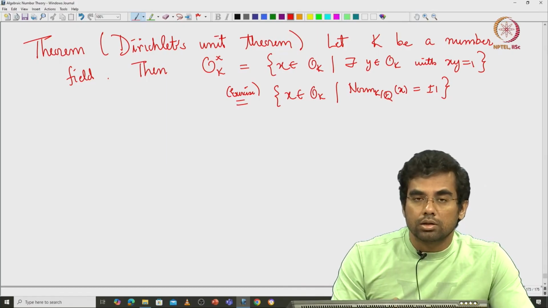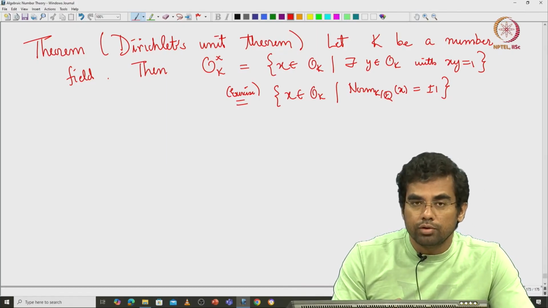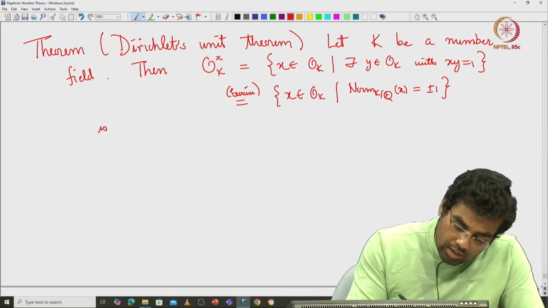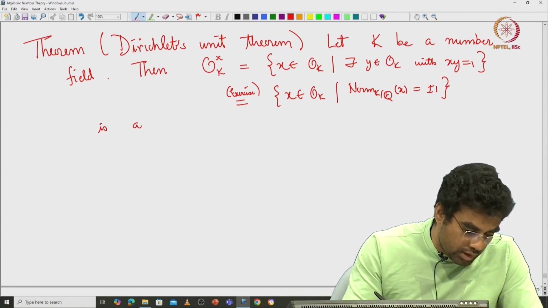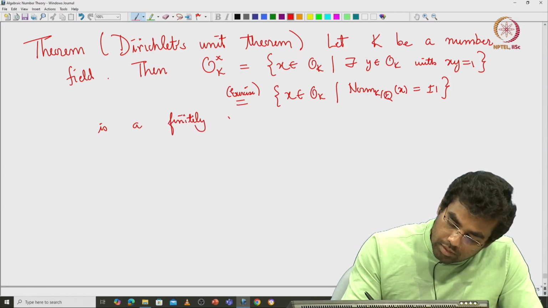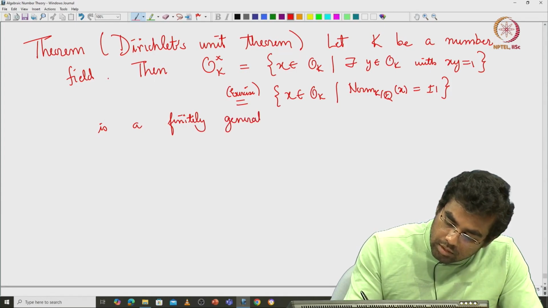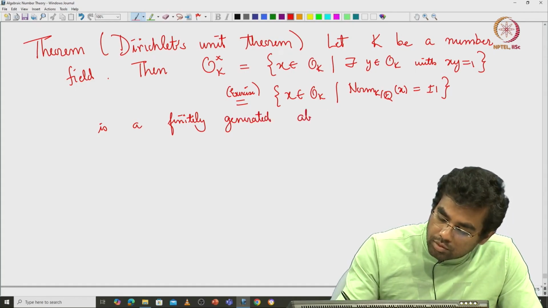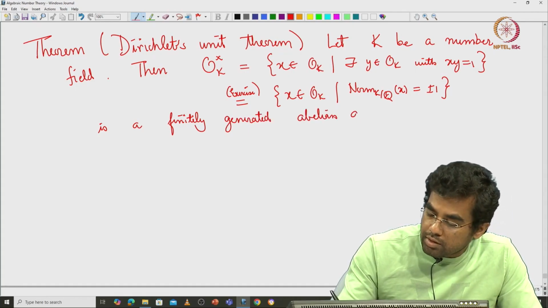So what does the theorem say? It says that the group of units in K is a finitely generated abelian group, or Z-module.